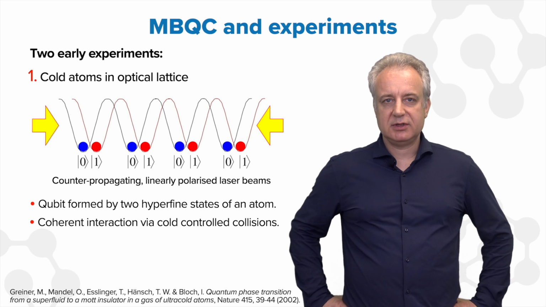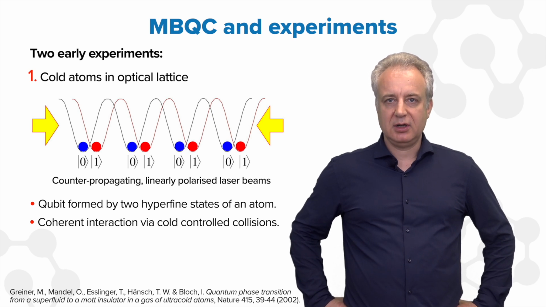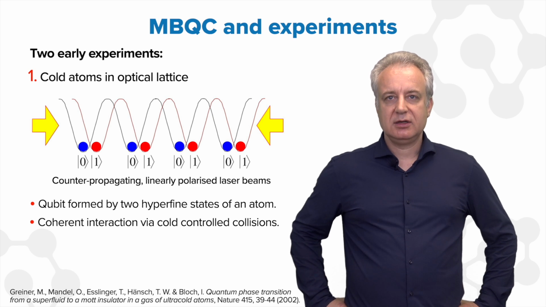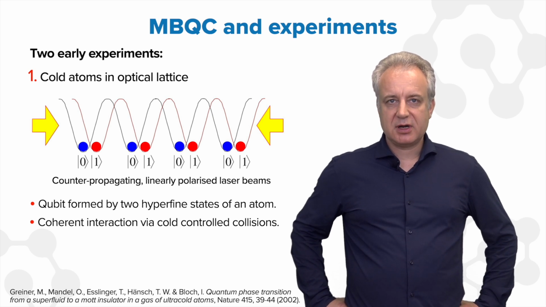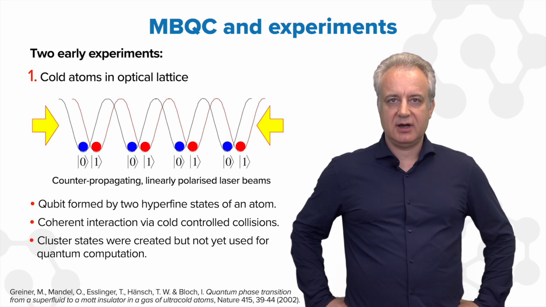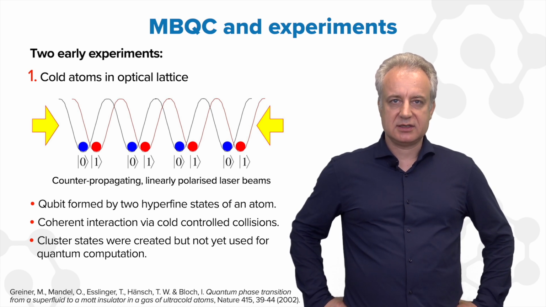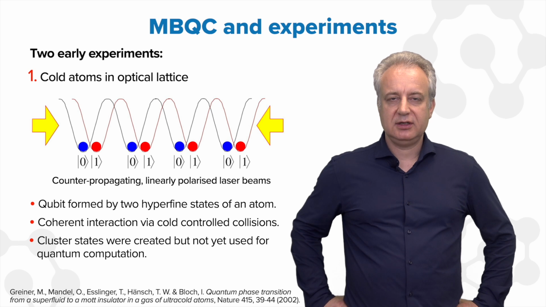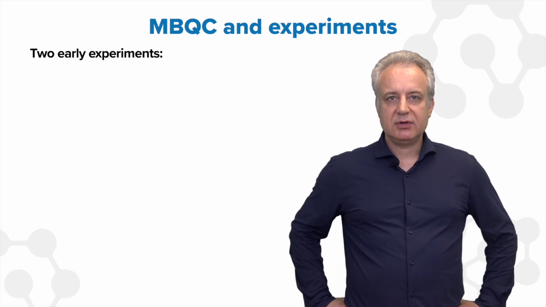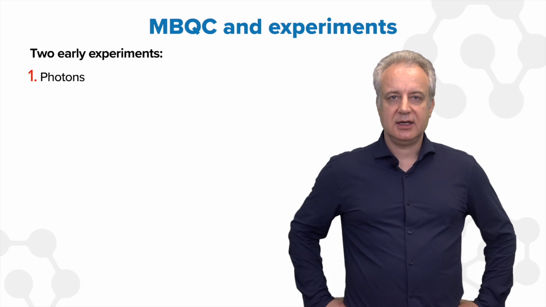This experiment was done by the group of Immanuel Bloch at Ludwig Maximilians University in Munich, Germany. This first experiment only created cluster states and verified that they had created cluster states, but those states were not yet used for quantum computation. That was now done in the second experiment.